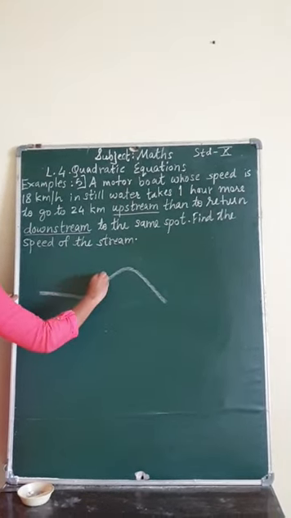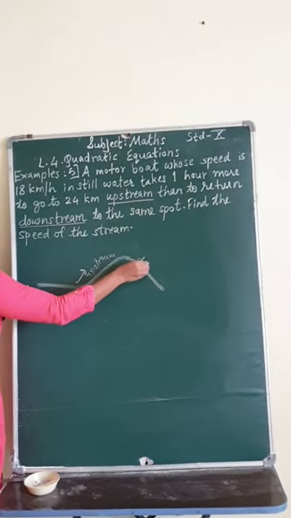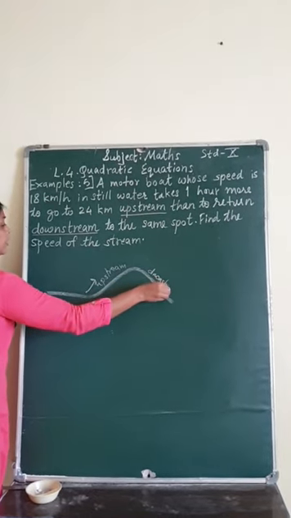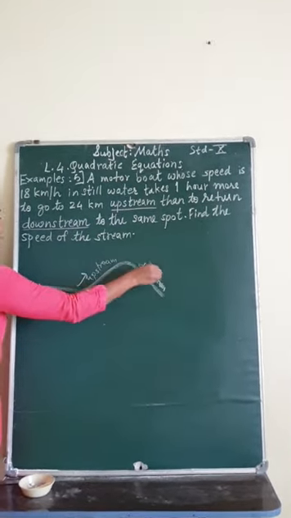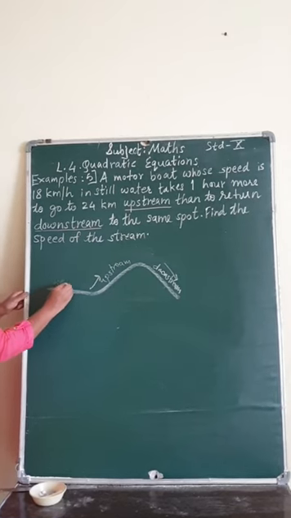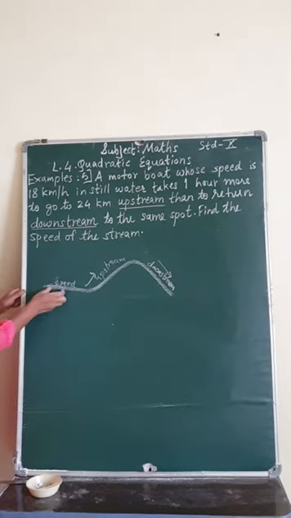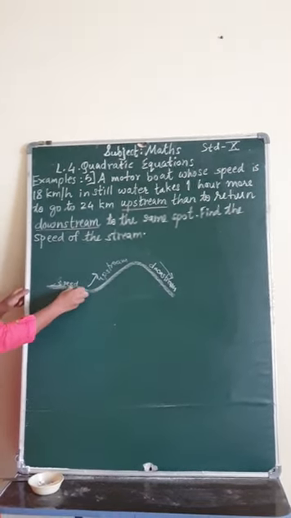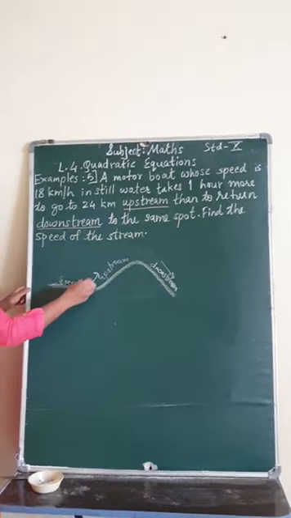If you are moving upstream or if you are moving downstream, then that movement speed is changing. As you are walking on the ground or on the plain ground, is the speed of walking similar when you are climbing a tree or any raised portion?